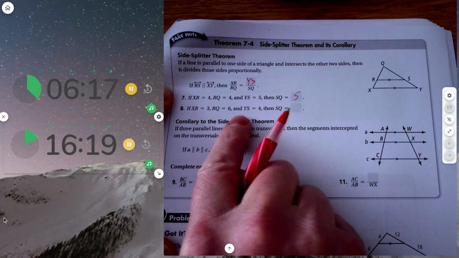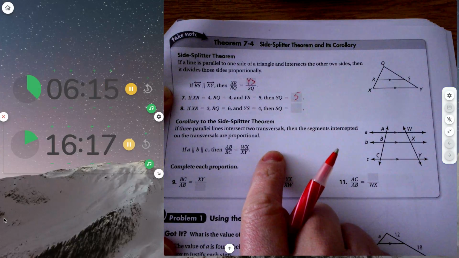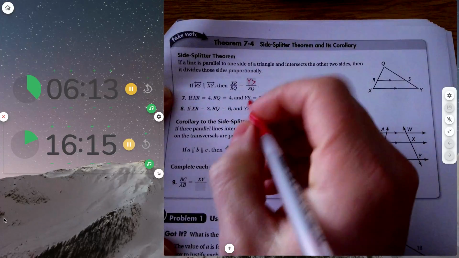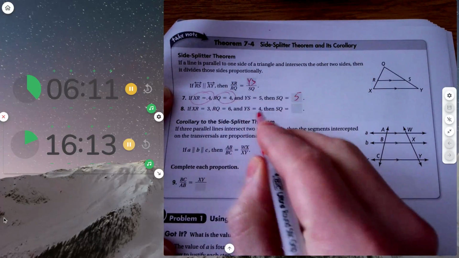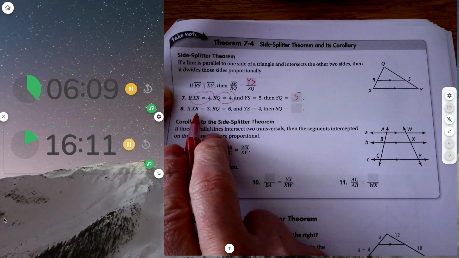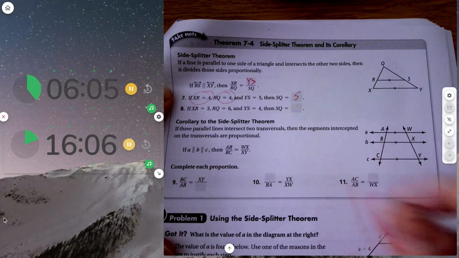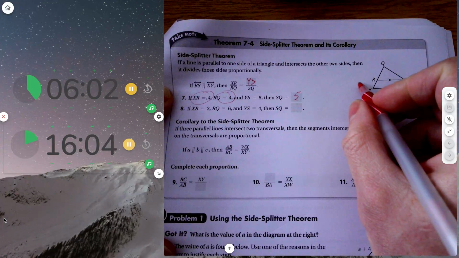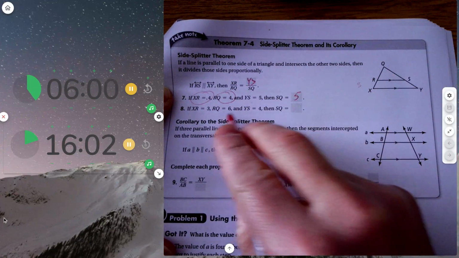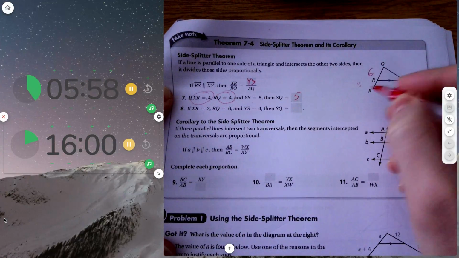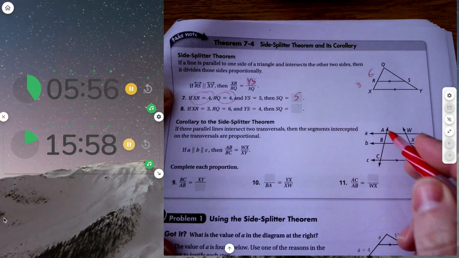But now they're going to change it up. See, they were showing they were equal. This one and this one were equal, so therefore that one and that one are going to be equal. Now if XR was 3 right here, so I'm going to fill this in this time, and RQ was 6, and this is what I would recommend for you to do on any problems, 3 to 6.